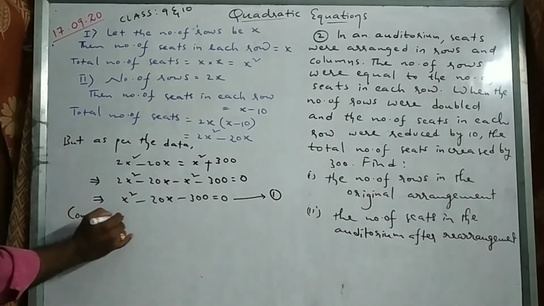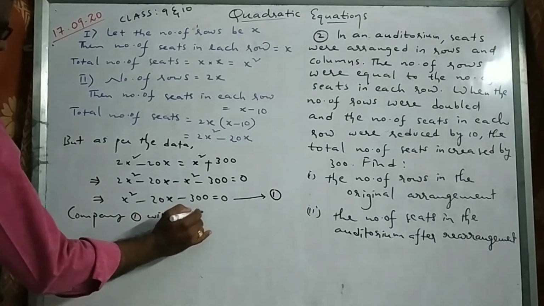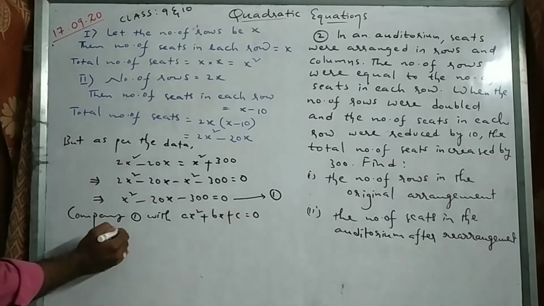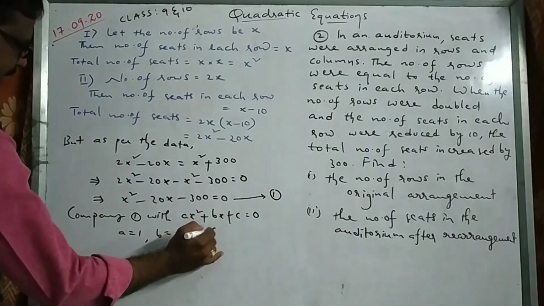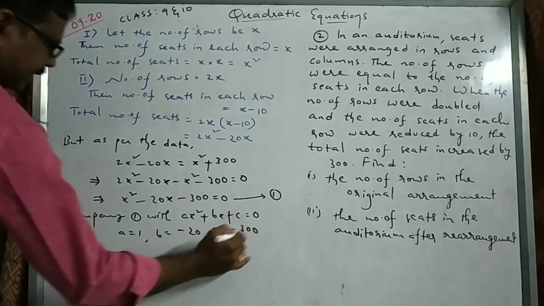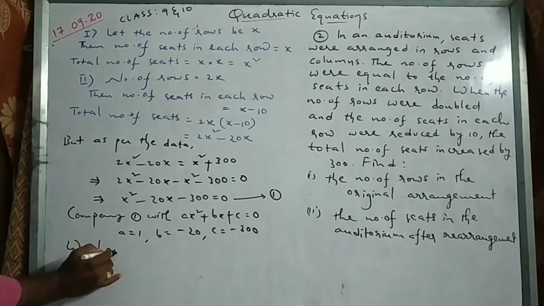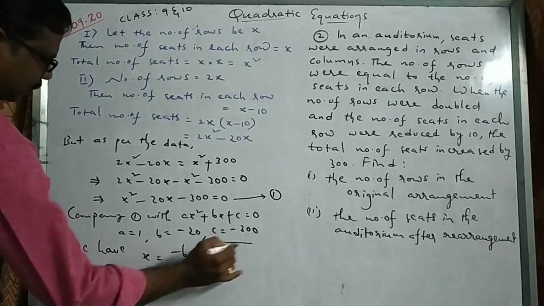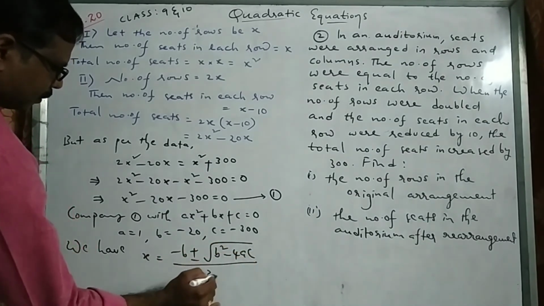Comparing one with ax square plus bx plus c equal to 0. So a value 1, b value minus 20, c value minus 300. Okay, we have x equal to minus b plus or minus square root of b square minus 4ac upon 2a.